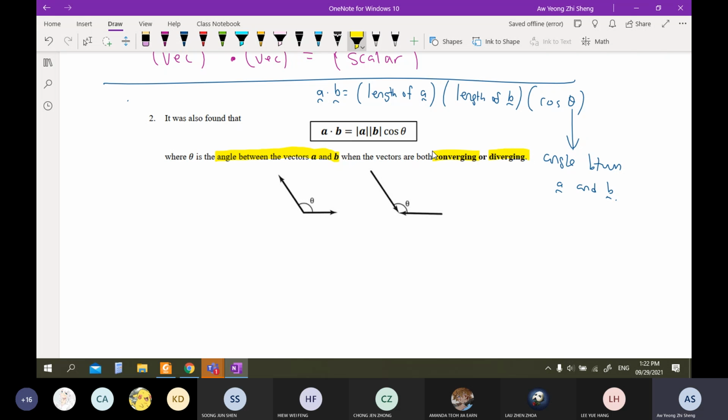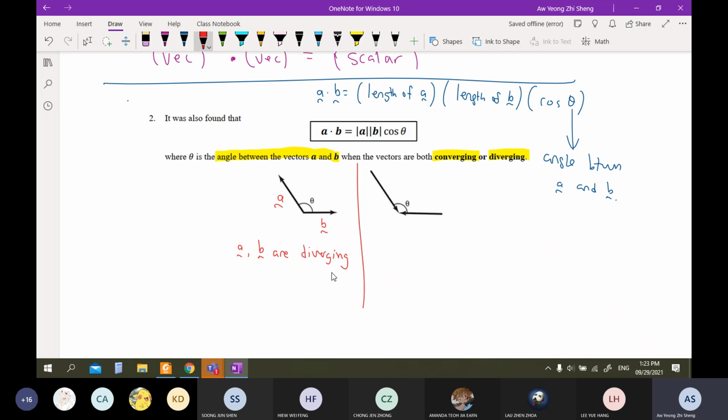This is a very strict requirement. No compromise on this. In the first diagram, if I call this vector A and this vector B, then we say that A and B are diverging.